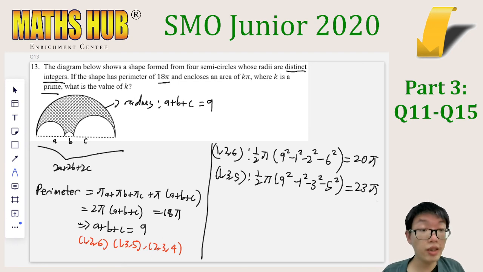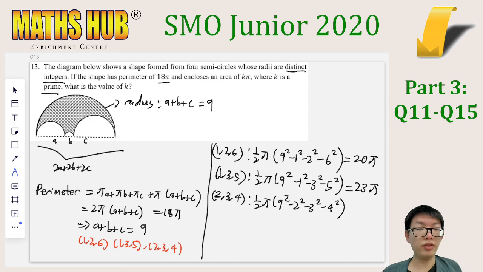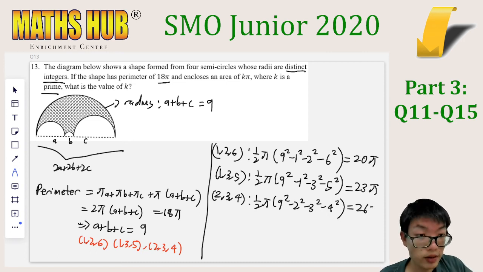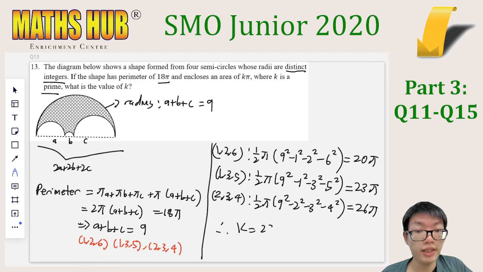So 23 is prime, and just to be safe, let's check the last one to make sure that we haven't done anything wrong. So 2, 3 and 4, do a quick calculation again. This is 26 pi. Once again, 26 is clearly not prime. And as a result, we can conclude k is 23.